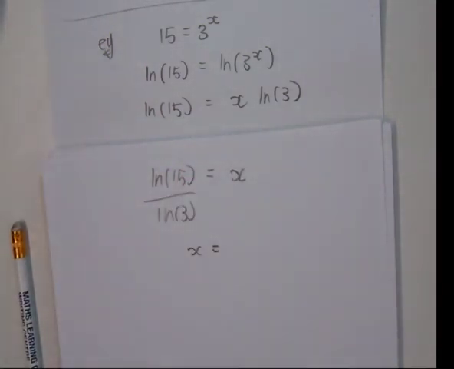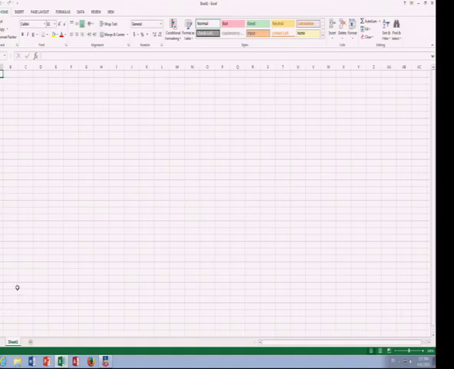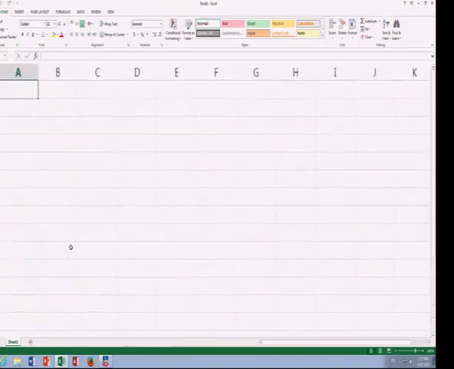Going to ask my computer that. So it equals, it's apparently 2.46497.